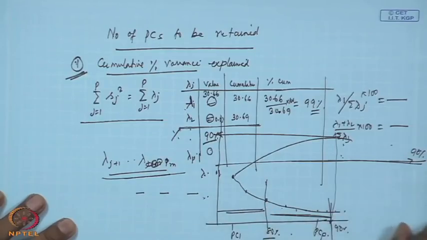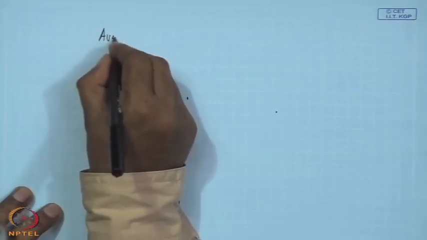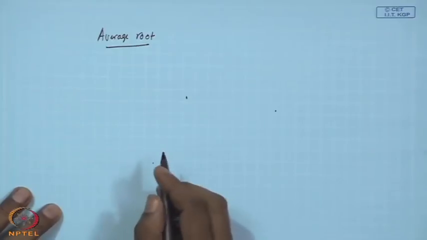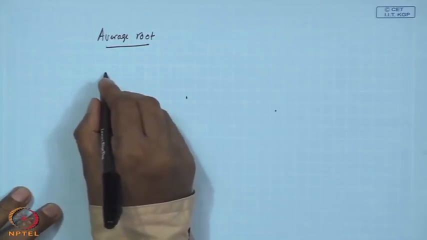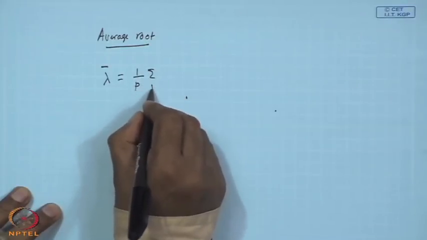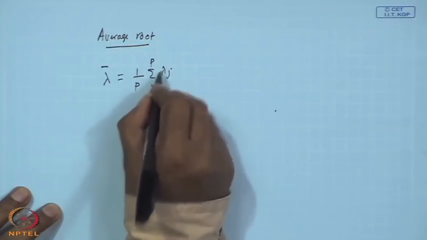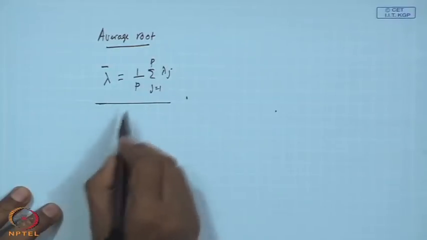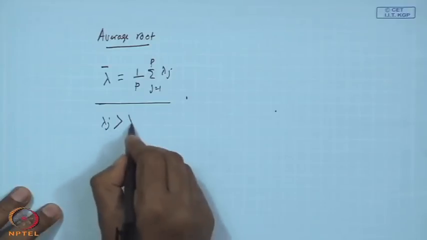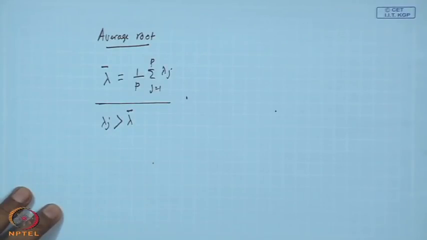So there are some other methods to do this. Another method is average root. What will be your average root? Lambda bar is 1 by p, sum total j equal to 1 to p of lambda j. You keep those many principal components whose value is greater than lambda bar.